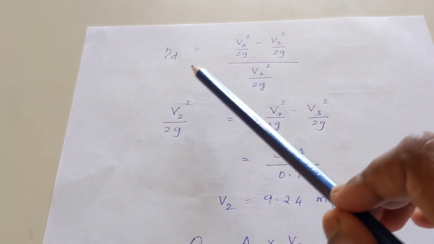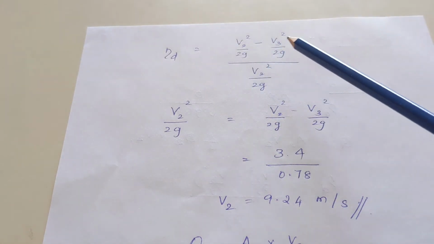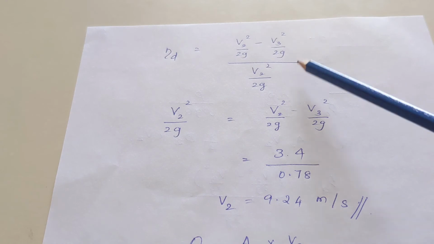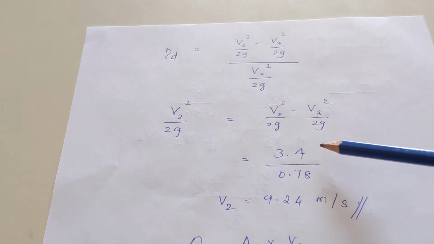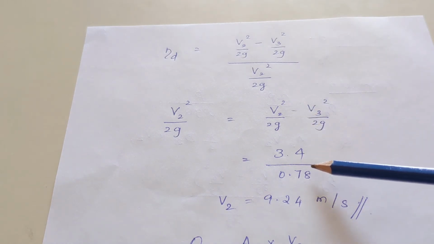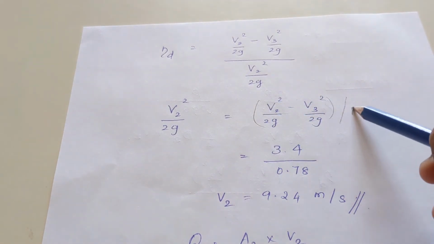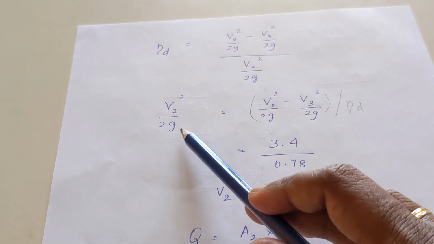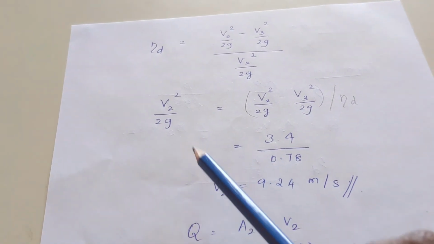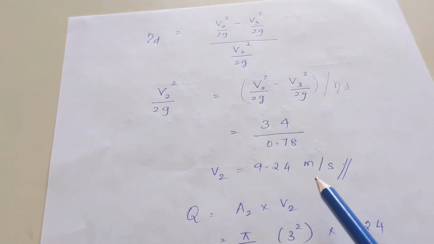After that, eta d is equal to, we know the formula. In the numerator, you have to substitute that 3.4. This whole term divided by eta d will give you V2 square divided by 2G. From that, you can find out V2.